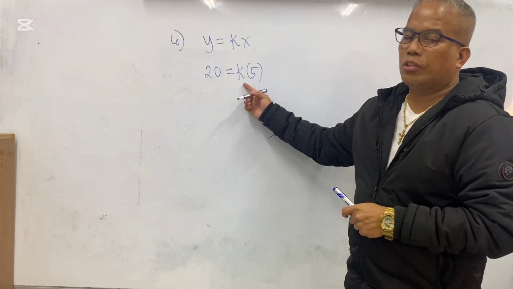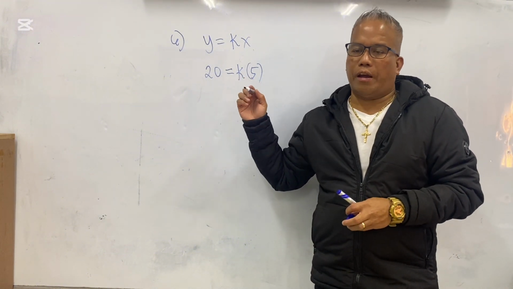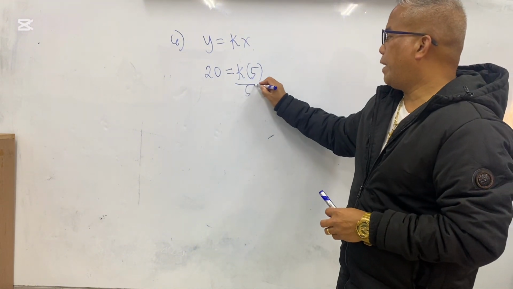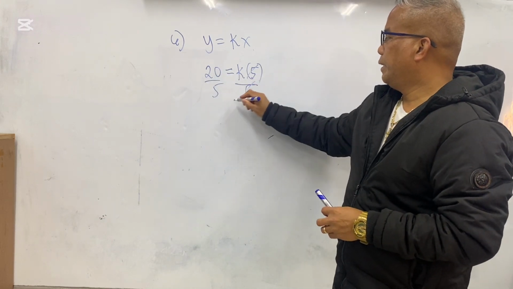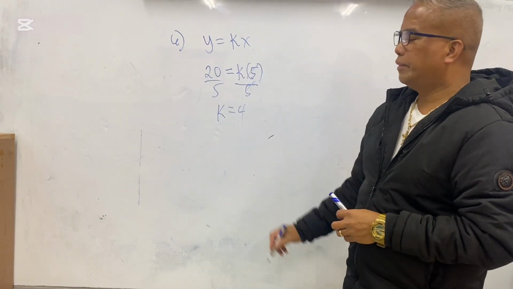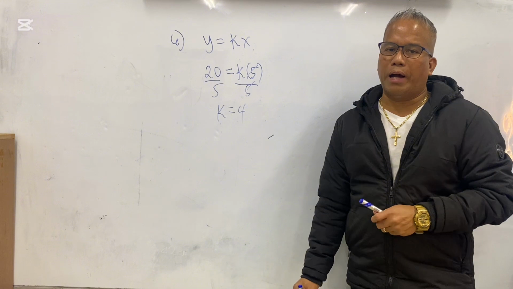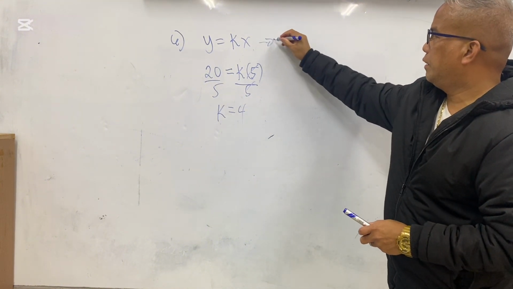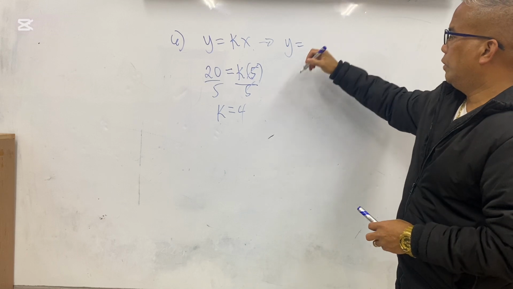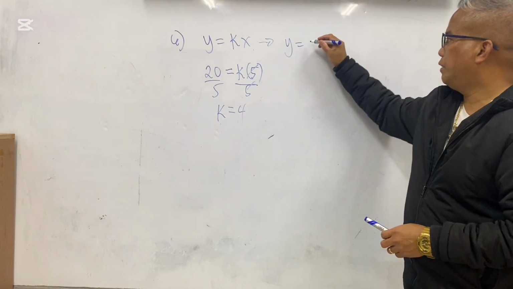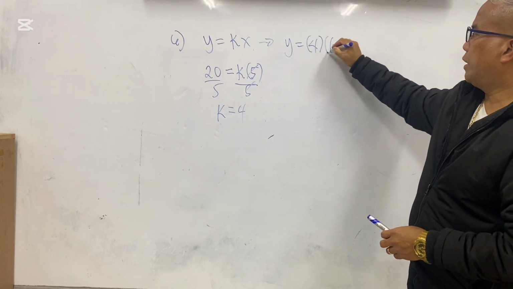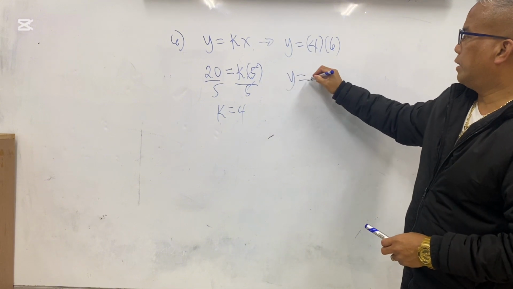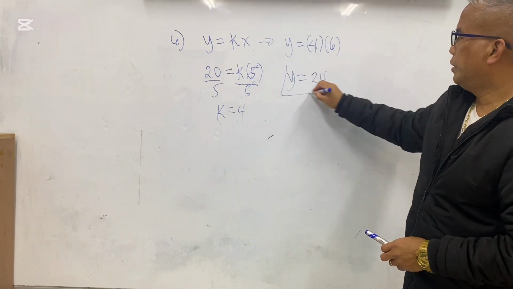To find the constant of variation, which is k, divide both sides by 5, k is equal to 4. Now the question, find y when x equals 6. Going back here, y is equal to, the value of k is equal to 4, then times 6, so y is equal to 24. So this is the answer.